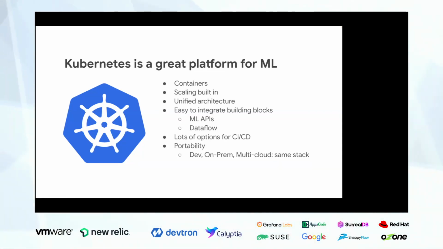It has a lot of options for CI/CD, and the most important thing is it's highly portable, so you can do it in any environment: on-prem, in cloud, or a mixture of both. That's why Kubernetes is great for ML.